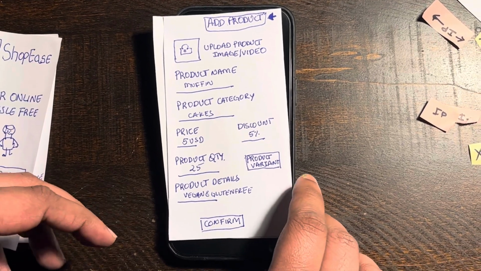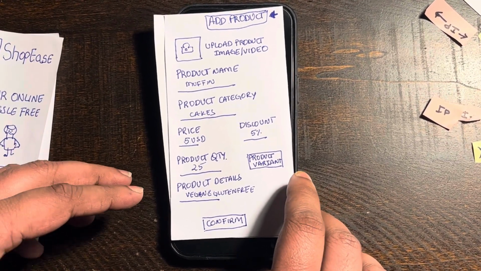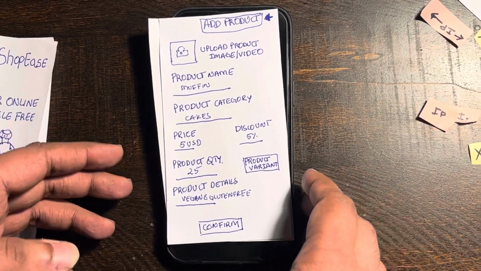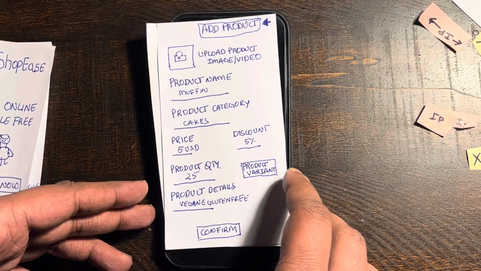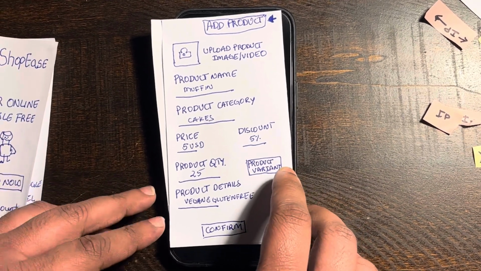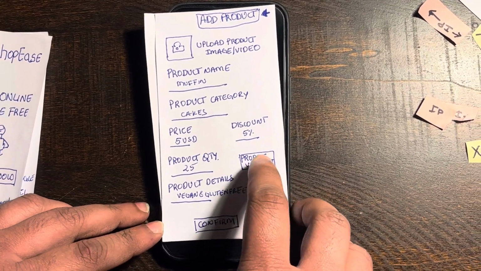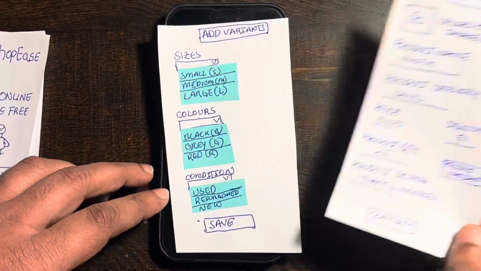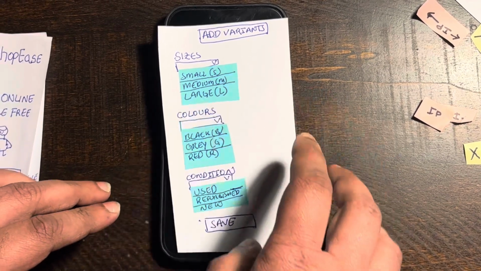So at the time of testing, we received the feedback that a product variant should be present for the products. Therefore, we have created a new interaction wherein the user could also add a product variant. Once the user presses the product variant, he will be taken to the add variants page.